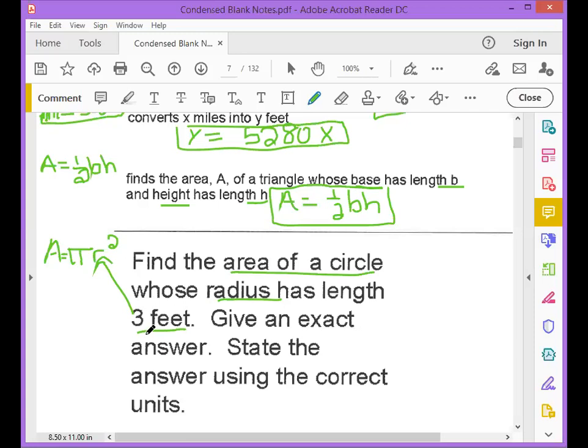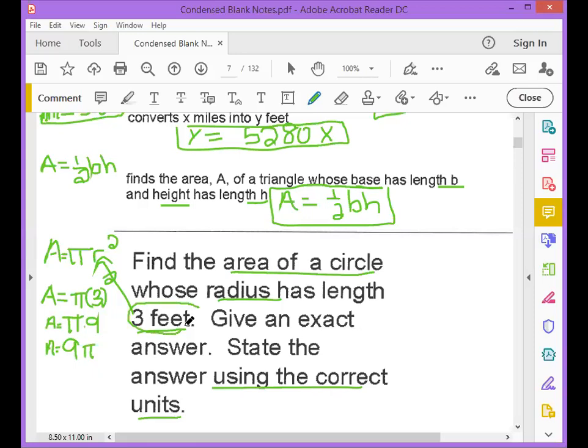And we'll get area equals pi times 3 squared. And 3 squared, we'll just rewrite this. This will be pi times 9. Now, we generally write standard form with our pi symbol behind the integer. So we would write this as 9 pi. Now, it says use the correct units.